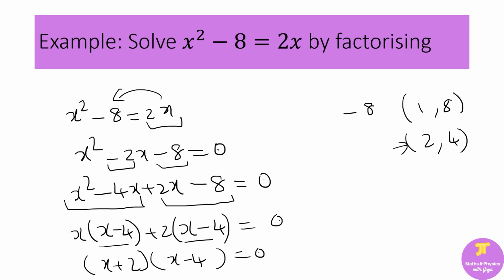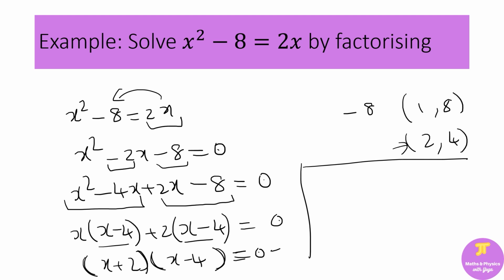So we managed to factorize this expression, but we haven't solved the equation yet. In order to solve this, they are saying you are multiplying two items and the answer is 0. This will only happen if one of the items or both of the items are 0, right?